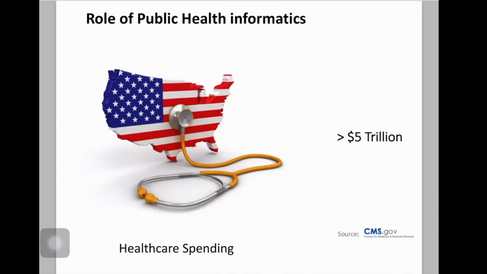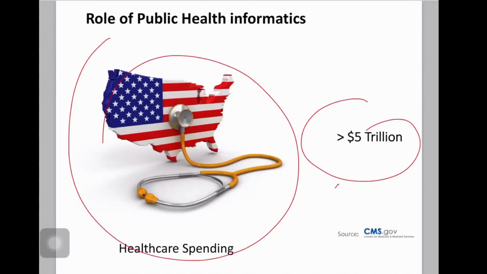And just to give you an idea of why healthcare informatics is important, it saves tons of money, which we can reroute to provide other facilities, better roads, and free or cheaper healthcare. Healthcare spending at this time in the US is over 5 trillion, according to CMS.gov. 5 trillion. You know, 5 trillion.